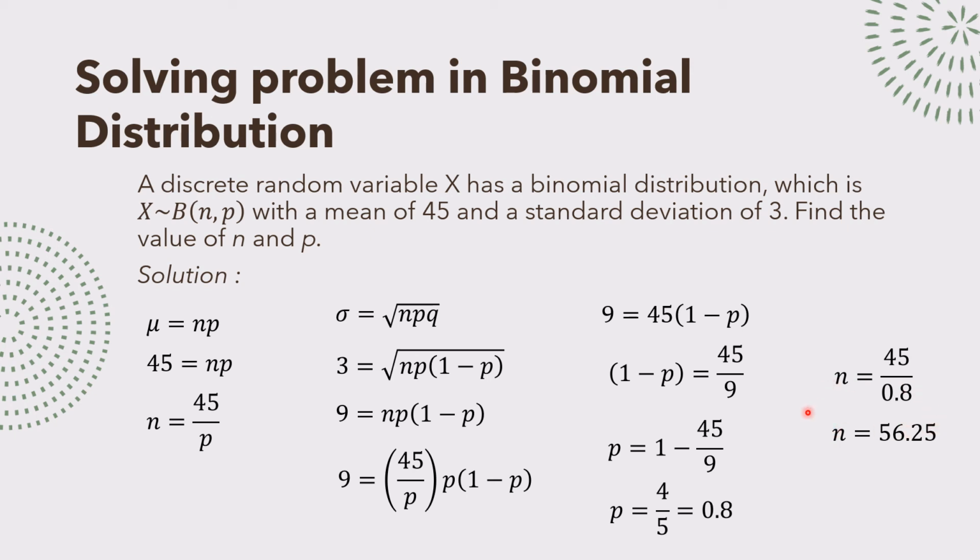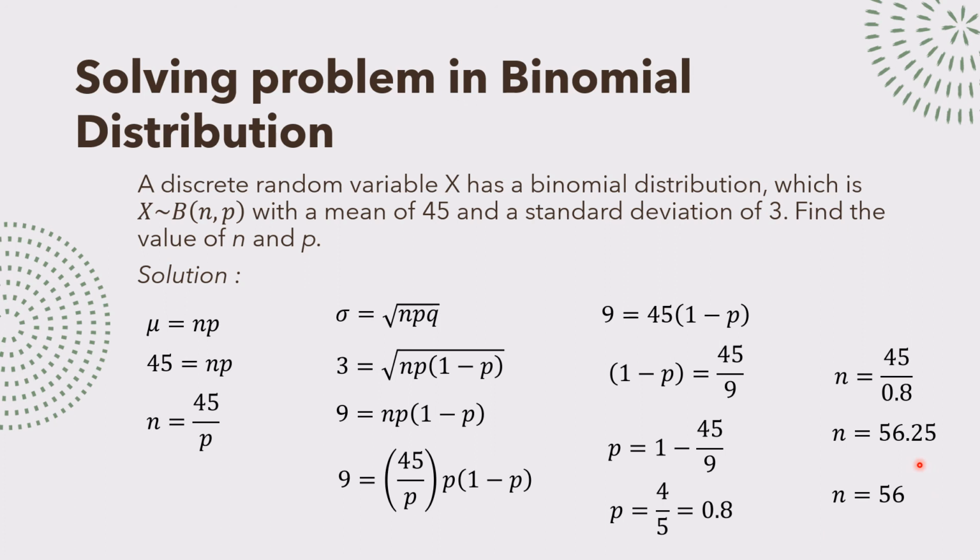But the number of trials should be an integer, because in a binomial distribution we deal with a discrete random variable. A discrete random variable should be countable, and if it is countable, it should be an integer. So we round it down to 56.